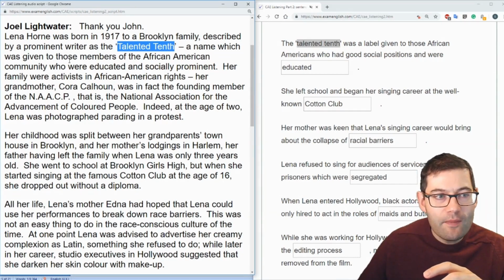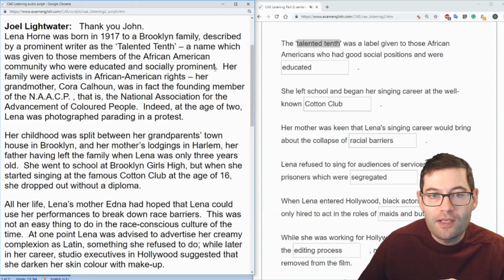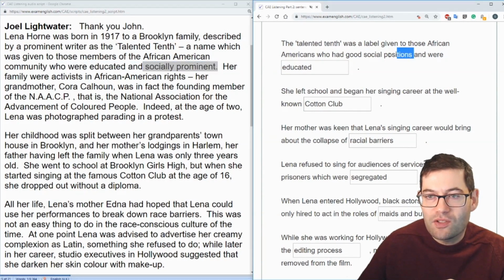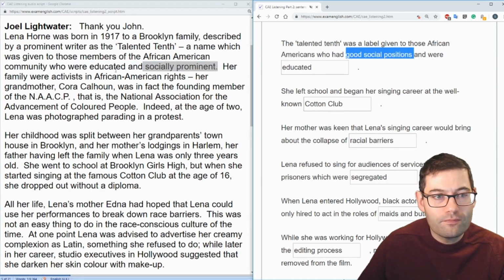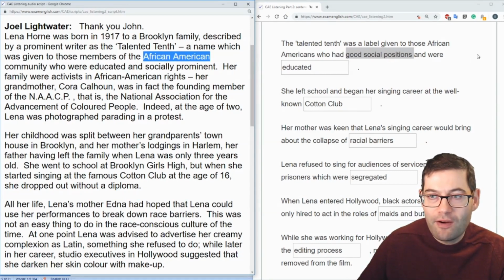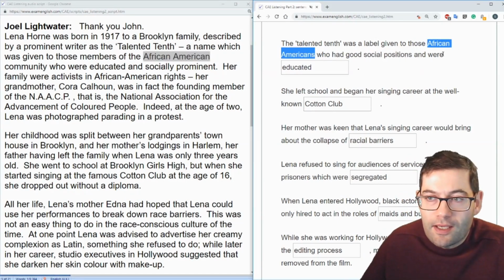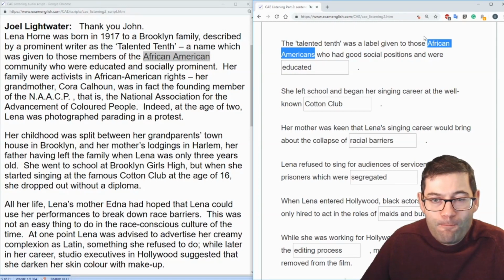So it says here a name which was given to those members of the African American community who were educated and socially prominent. Socially prominent relates to good social positions, which leaves us with educated. And of course, it talks about African Americans, and that's mentioned also in question number 1.